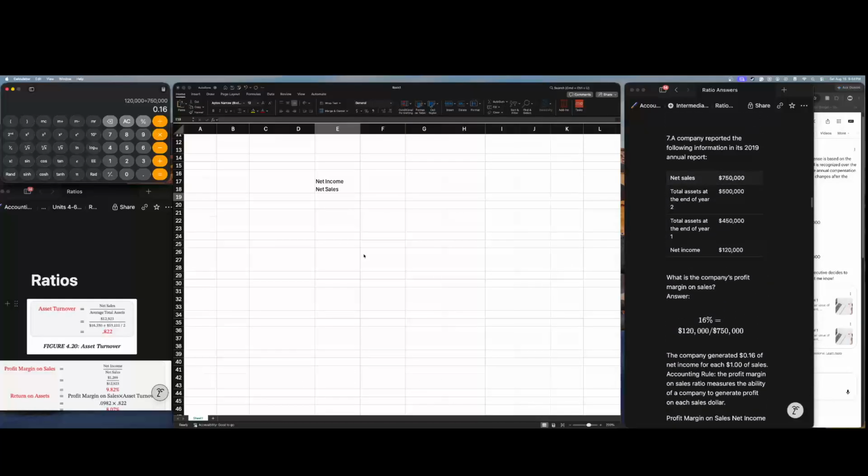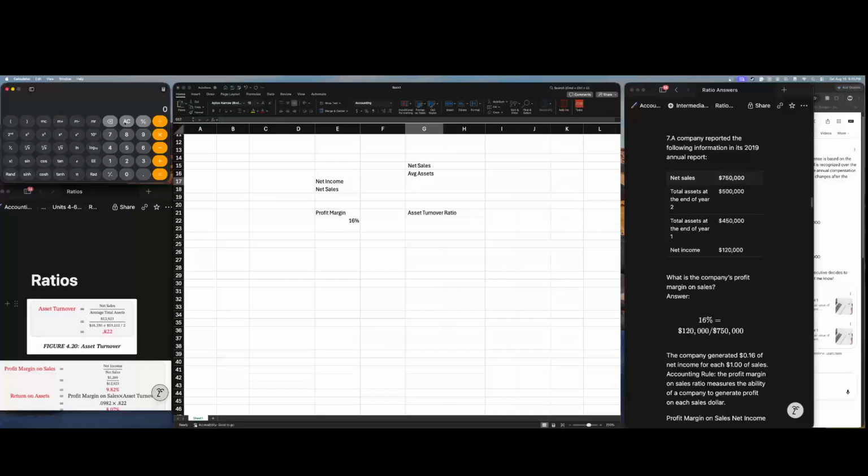Once you have the profit margin with 60%, you can actually find the asset turnover ratio, which is net sales divided by the average assets.